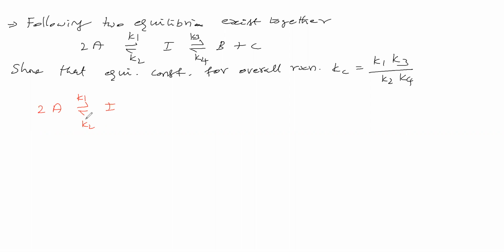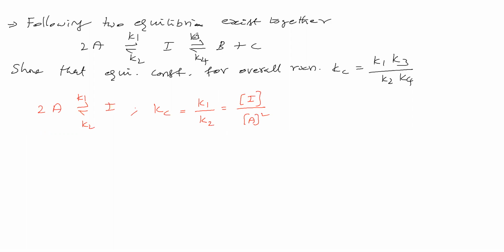Therefore, for this equilibrium, Kc is equal to rate constant of forward by rate constant of backward, that is equal to right side concentration by left side concentration.